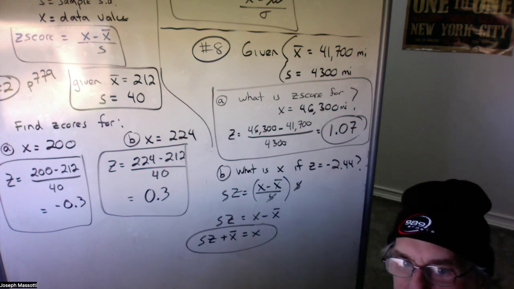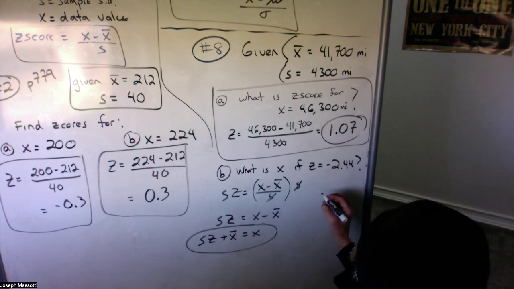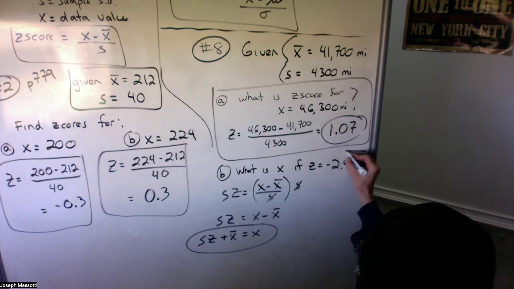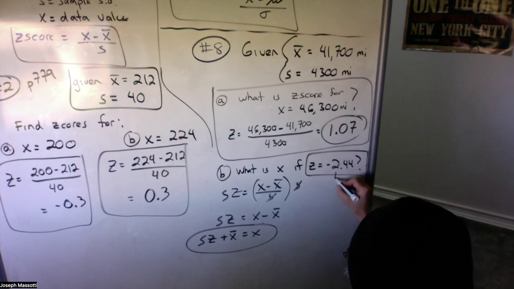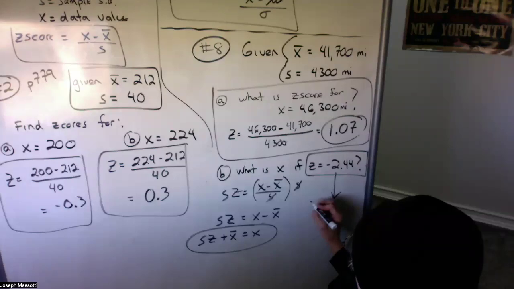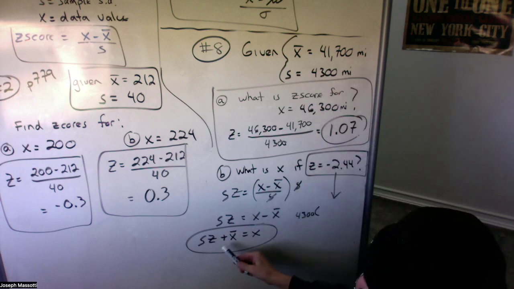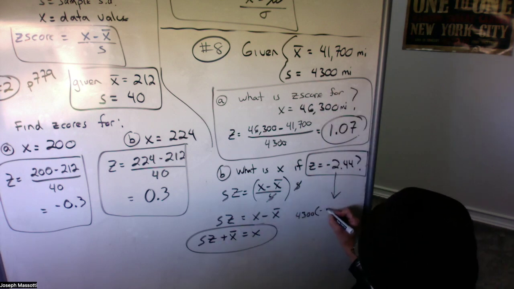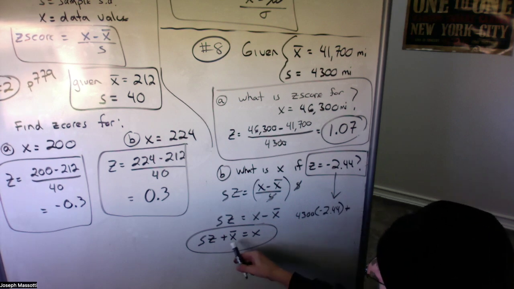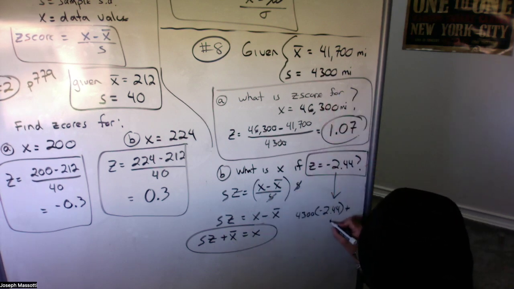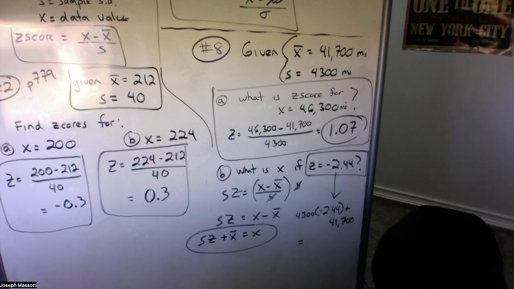So now we can use that formula to find x. So if we do that with this z, the s was 4,300. The z was given to us as negative 2.44. And then we're going to add the mean of 41,700.